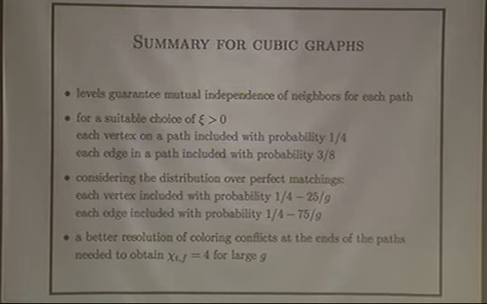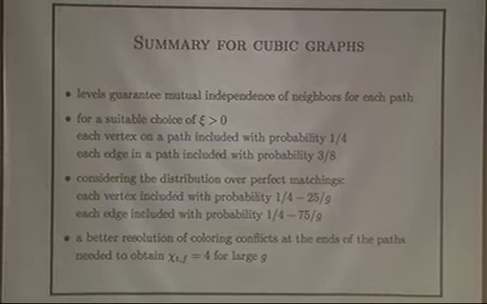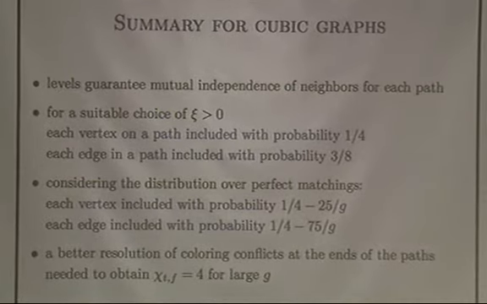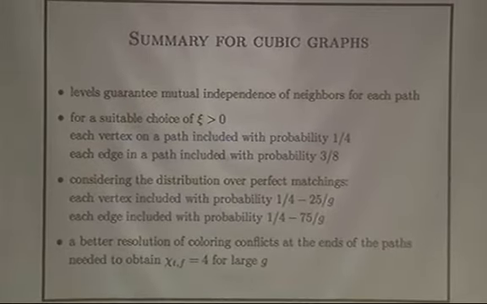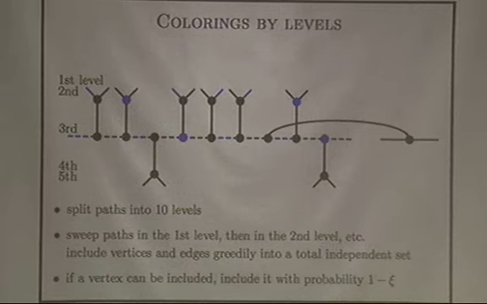So let us wrap up for the cubic case. As I already said, the levels are here to guarantee mutual independence of the neighbors of the vertices of a path. Why it was important is that when I look at these guys, I want the event that this guy is in the total independent set and this guy is in the total independent set to be mutually independent as probability events.